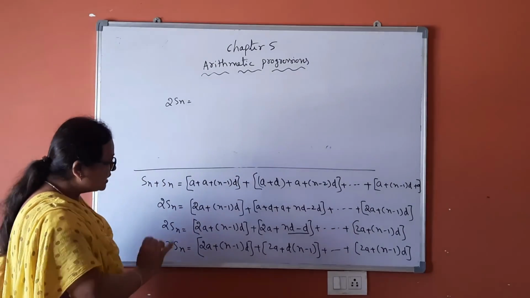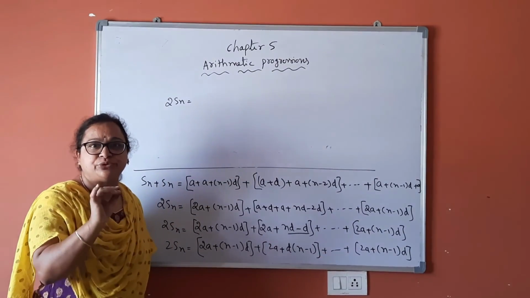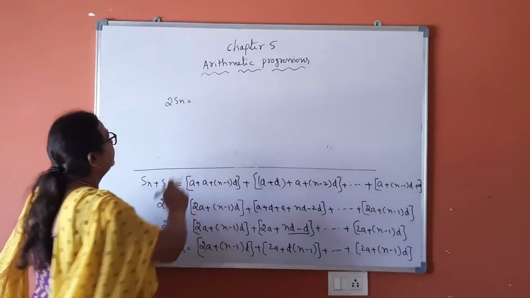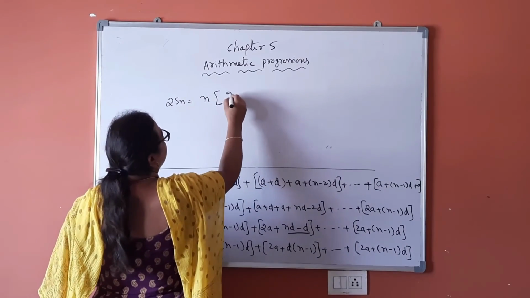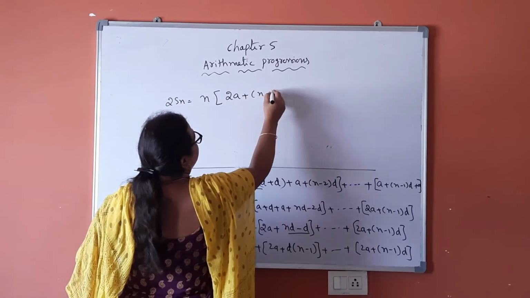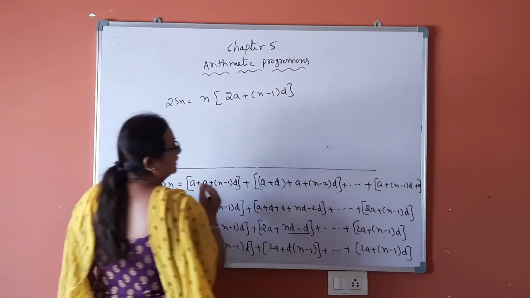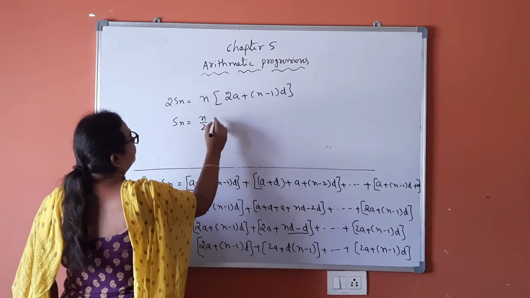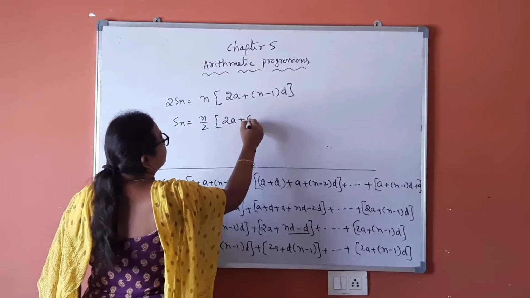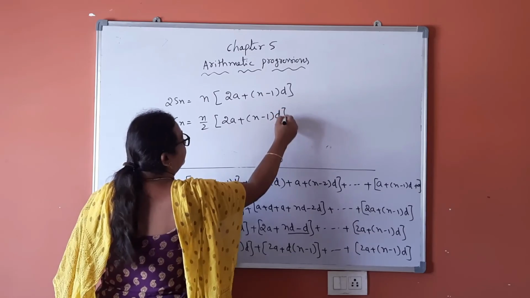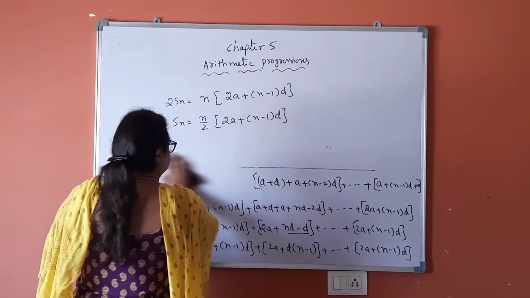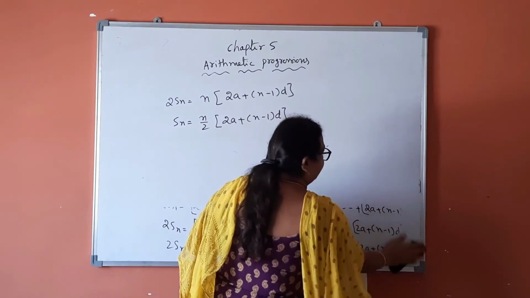That means how many 2a plus n minus 1 into d's are there? There are n terms. So 2Sn is n into 2a plus n minus 1 into d. So Sn is equal to n by 2 into 2a plus n minus 1 into d. This is the formula for the sum of first n terms of an AP.